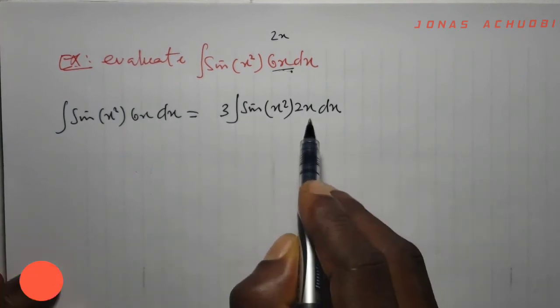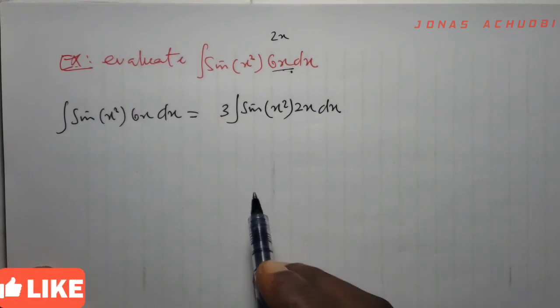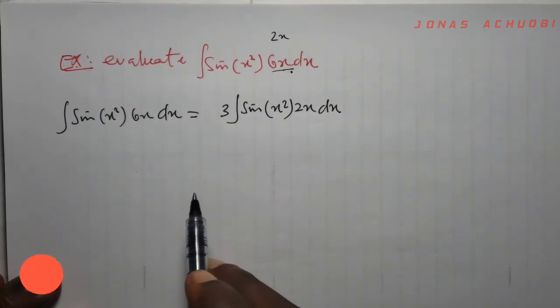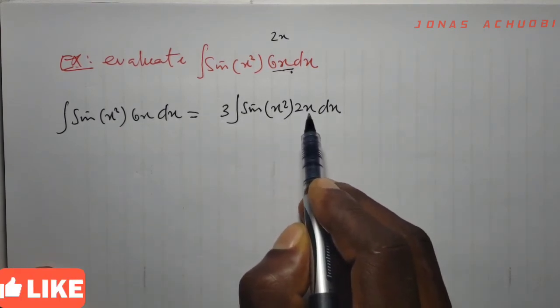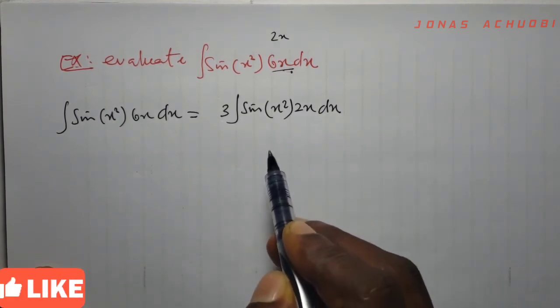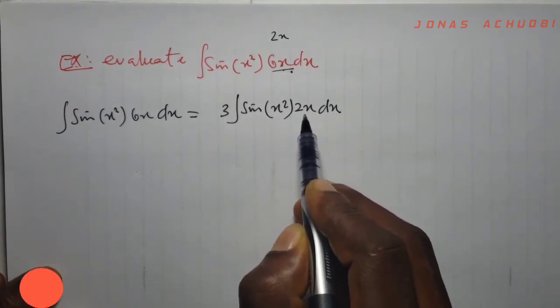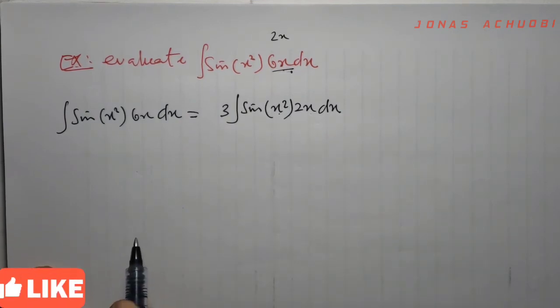So I've put this integral in the form where I can apply the method of u-substitution. Why have I done this? I've done this because if I differentiate x squared, I get 2x. And for me to proceed with the method we are discussing currently, I need to have this function as the derivative of this one. So with this, I can proceed.